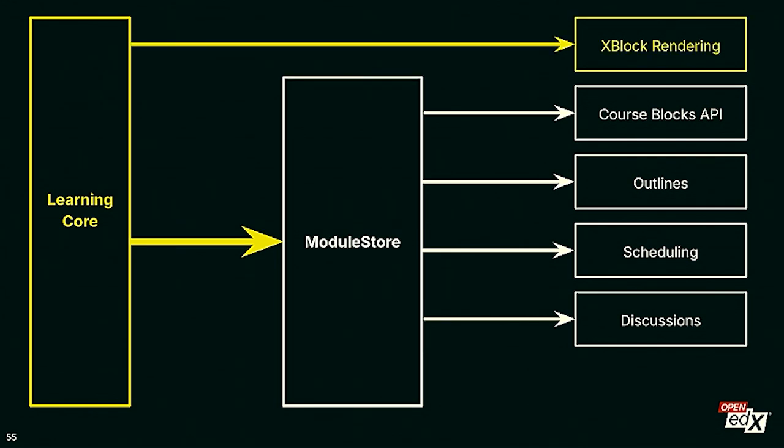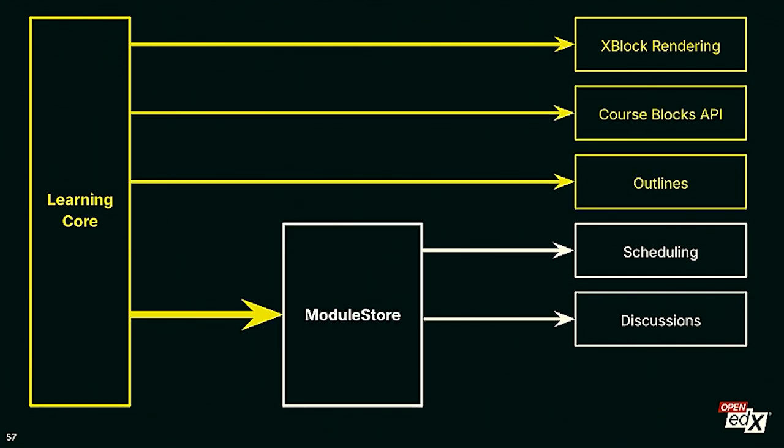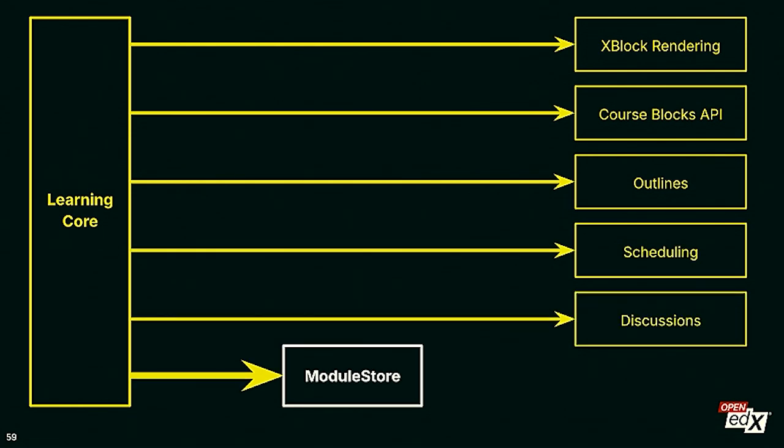But over time, these apps will be able to bypass the ModuleStore layer and talk to Learning Core directly and get the benefits of these APIs. And the idea is that over time, the footprint of ModuleStore gets smaller and smaller. This is a years-long process, but this is where we want to go.